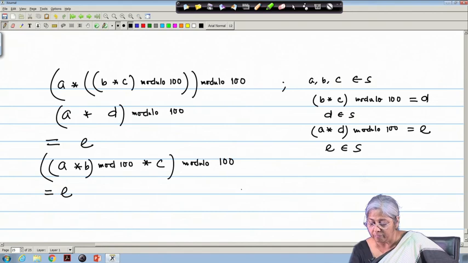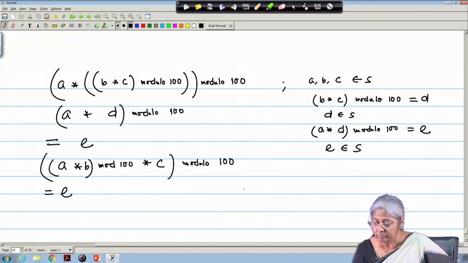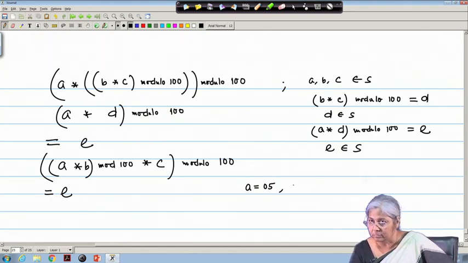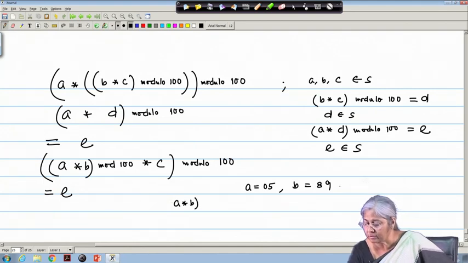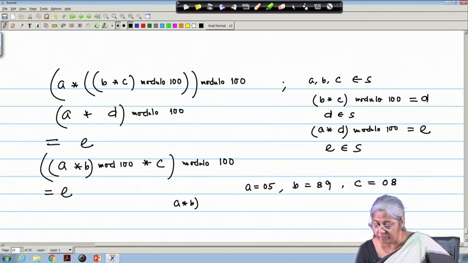Let us take some examples. Say A is 05, B is 89, and C equal to 08.